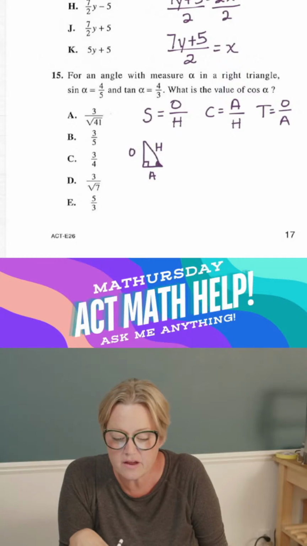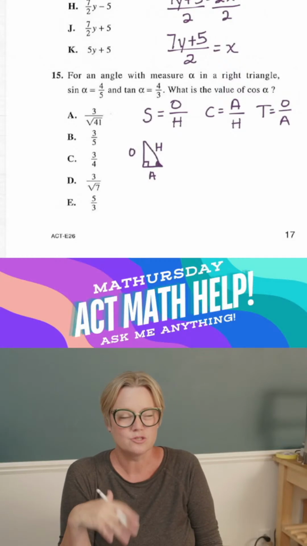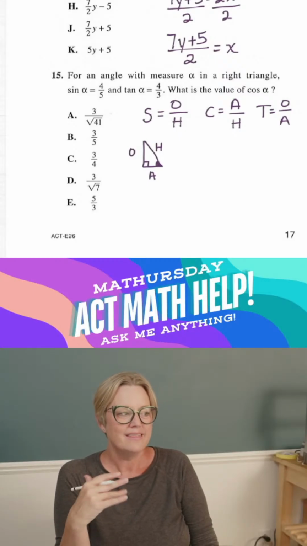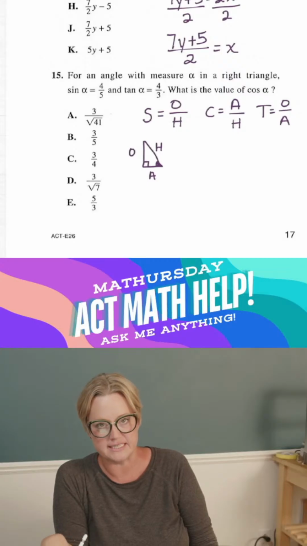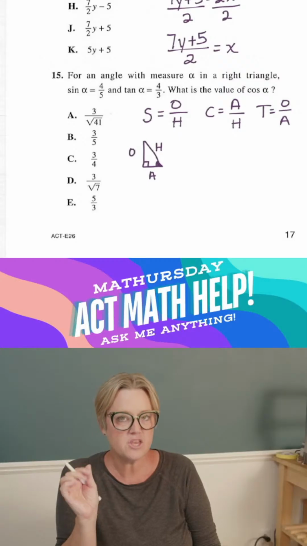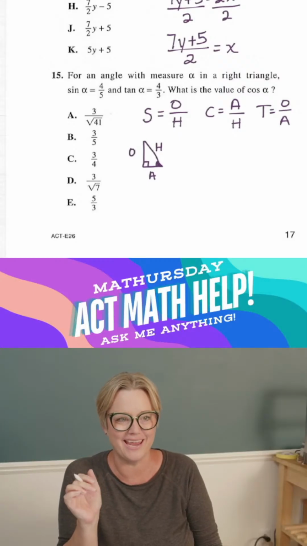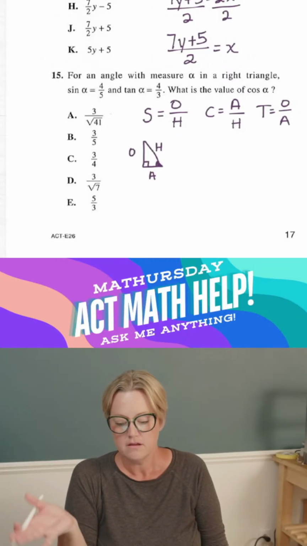One reason a teacher may push it down into geometry is so students are comfortable with this, because this is pretty much as much trig as you need to know for the ACT and the SAT. If you do SOHCAHTOA, you can get through pretty much any right triangle trig problem that you get.